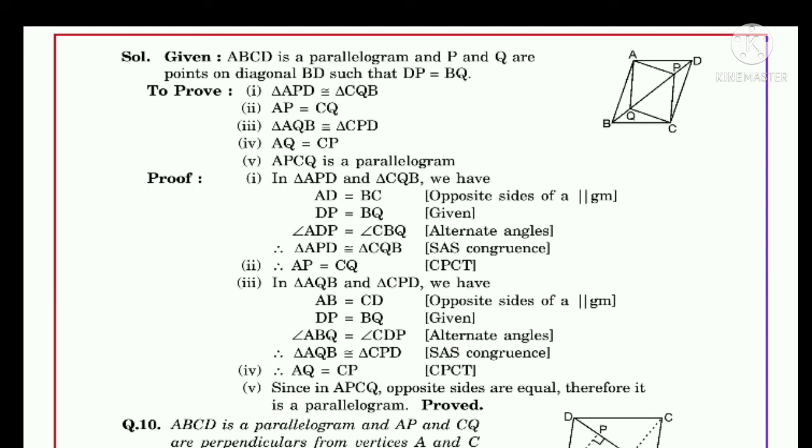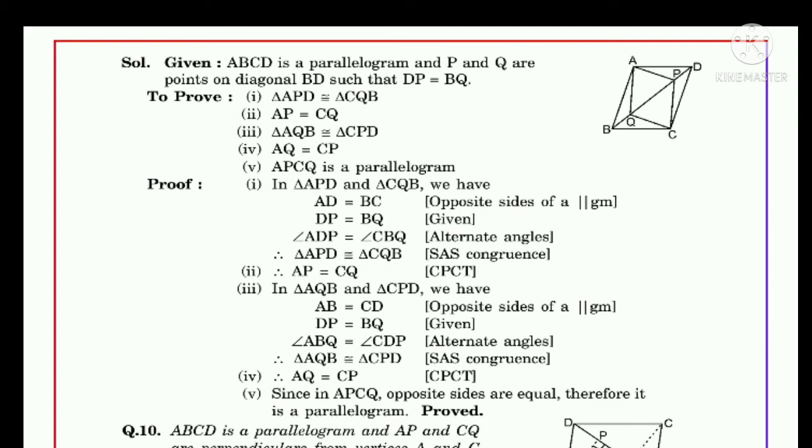So now first of all, in the first case, if we take the triangle APD, you see the diagram properly, APD and CQB, these two are the triangles we consider.